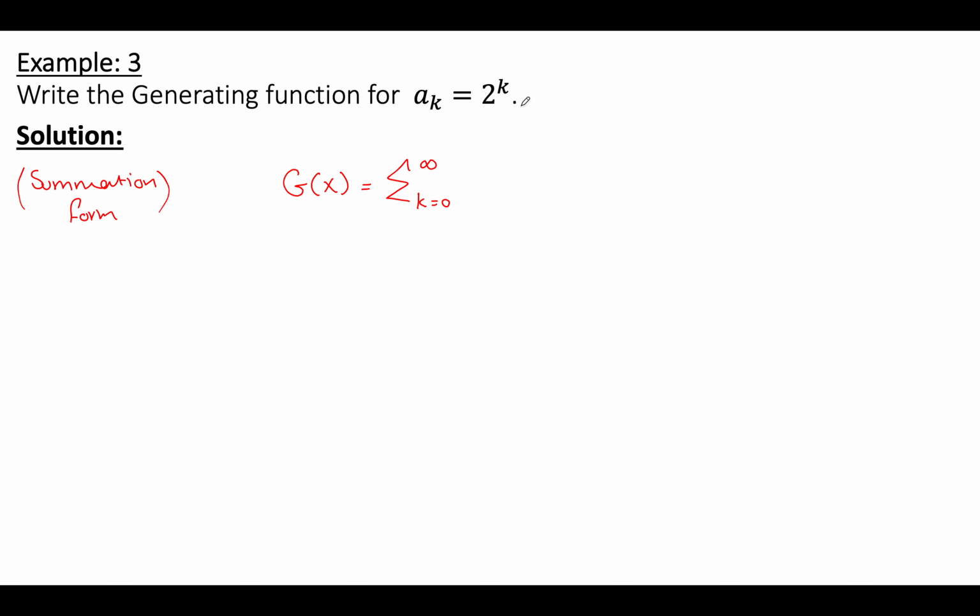Now we will substitute the value of a_k with 2 to the power k. So here we got the summation from k = 0 to infinity of 2^k x^k.